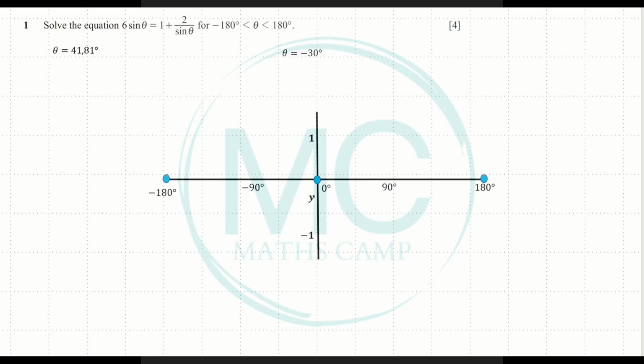It has a maximum turning point at 90 degrees and a minimum turning point at negative 90 degrees. So your graph should look like this. In your exam, your sketch does not need to be to scale. It just needs to give you a general idea of what you're working with.